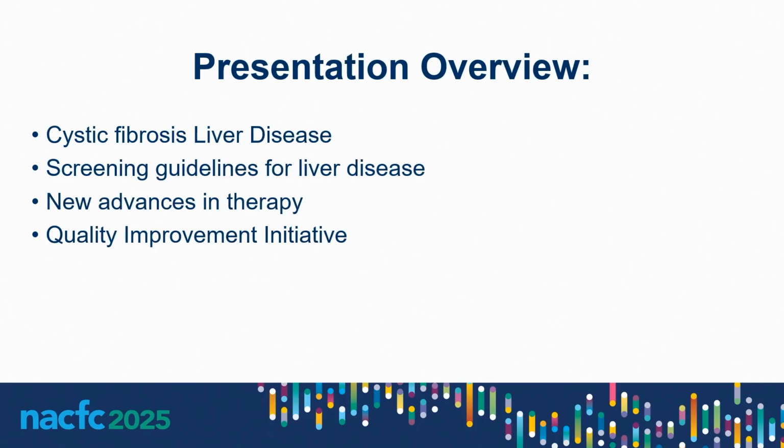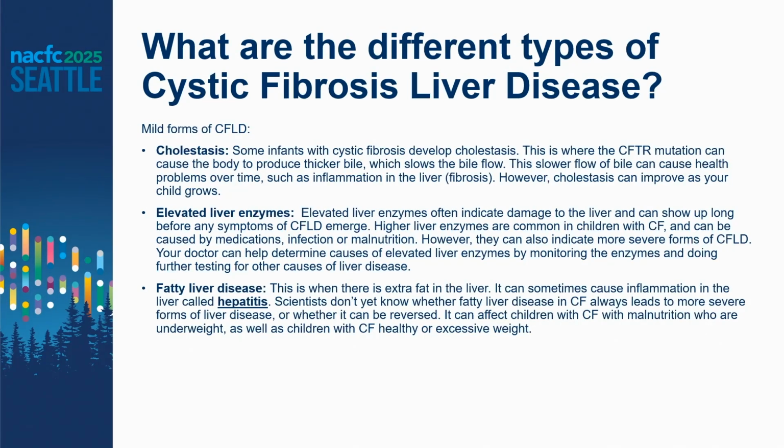So this is a little bit of the presentation overview. We'll talk about cystic fibrosis liver disease, screening guidelines for liver disease, new advances in therapy, and the quality improvement initiative. So what are the different types of cystic fibrosis liver disease? There are mild forms of CF liver disease. We could start off with cholestasis.